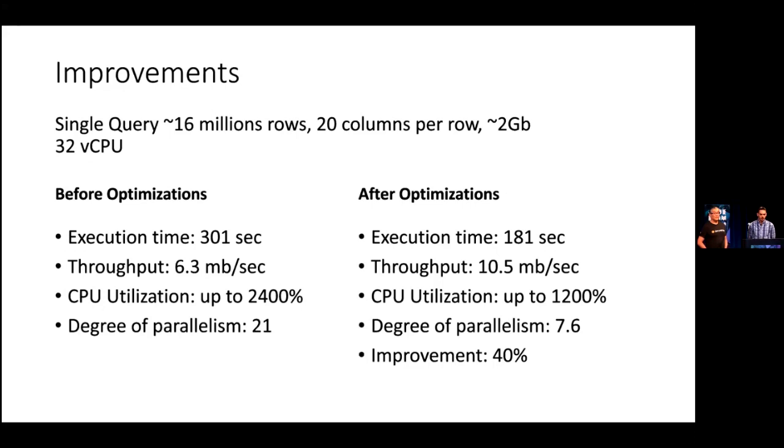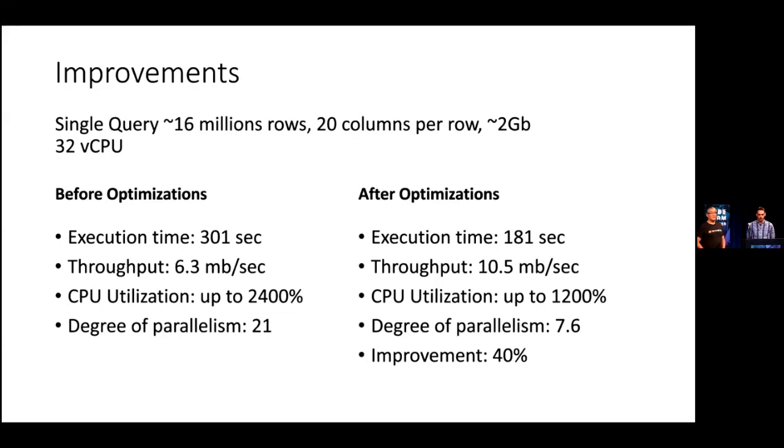The execution time for this query before any optimization was 300 seconds. After the optimizations, the execution time dropped to 181 seconds, which is a 40% improvement. The throughput increased significantly.